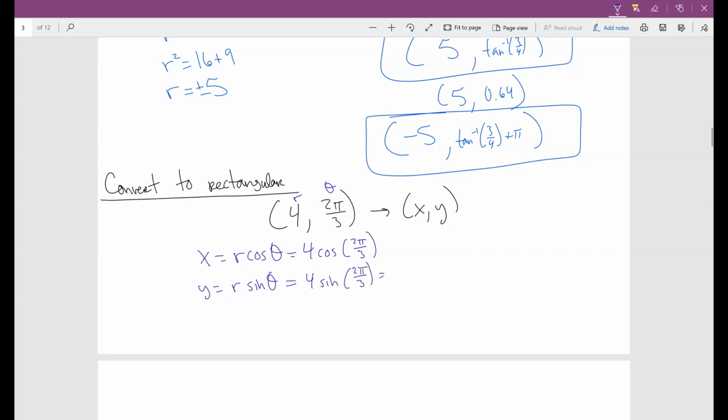And luckily, all of this is in the unit circle, so I can go ahead and figure it out. So 4 cosine of 2 pi over 3 is going to give me negative 2. And then the other one, 4 sine of 2 pi over 3, is just going to give me 2 square root of 3. So in the x and y plane, it'll be negative 2 and 2 square root of 3.